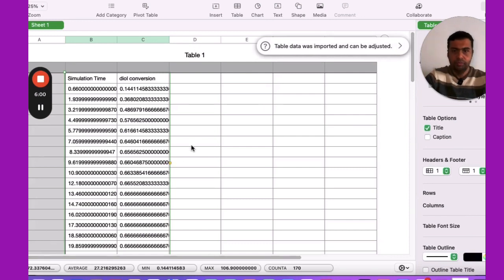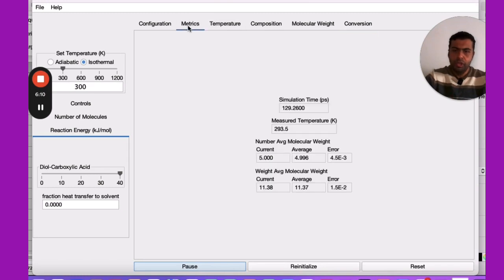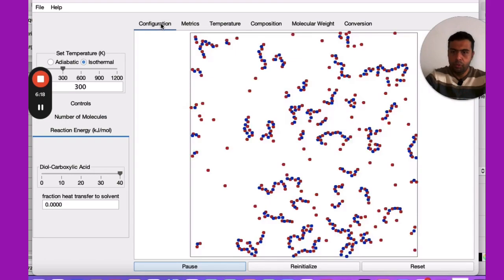You can make some graphs, do some calculations, and do some comparisons between different setups. I'll go back to the model. As I mentioned, you can do a simulation at a certain temperature and then repeat the simulation at another temperature and compare between them.